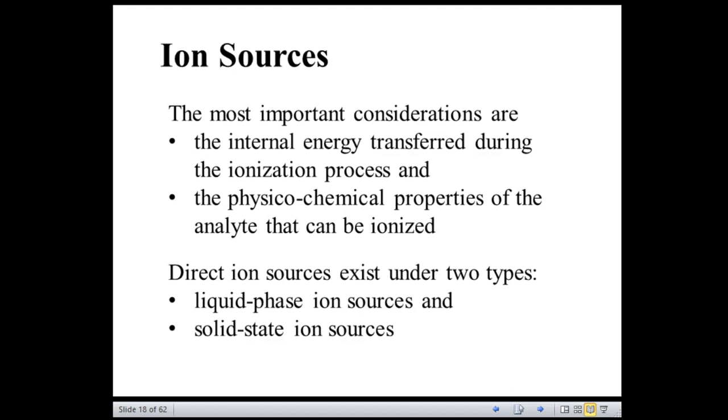However, we find a large number of compounds that are thermally labile or do not have sufficient vapor pressure. So what to do? In these cases, the molecules of these compounds must be directly extracted from the condensed state to the gas phase.